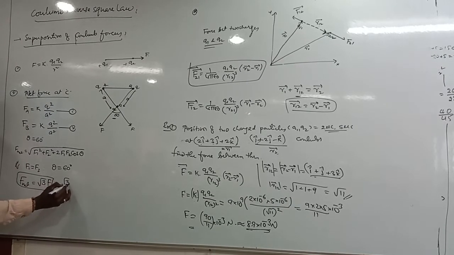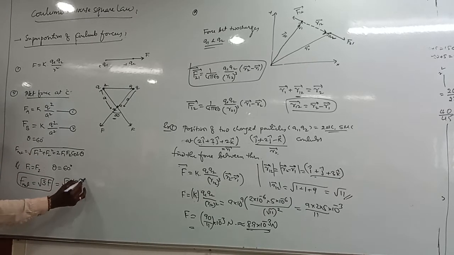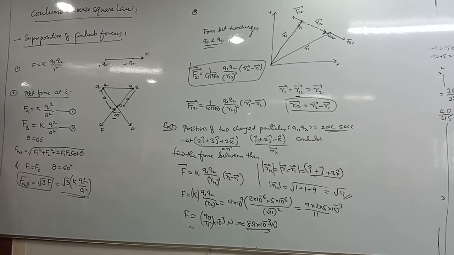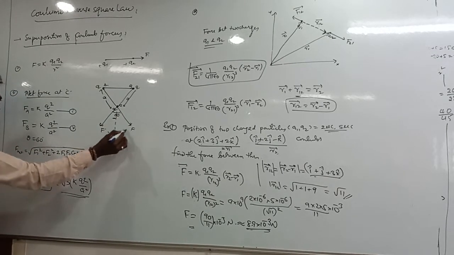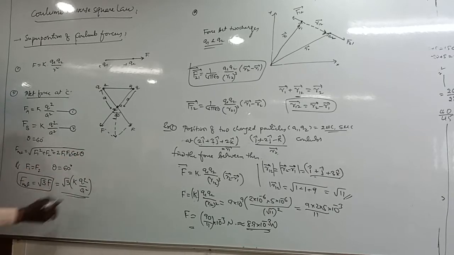That is root 3 into K into Q square by A square. The net force will be in between them, so we can calculate using the parallelogram law.